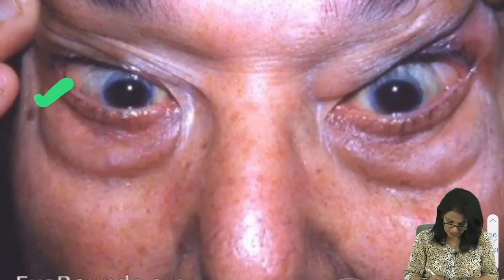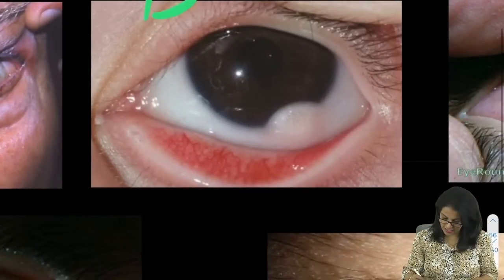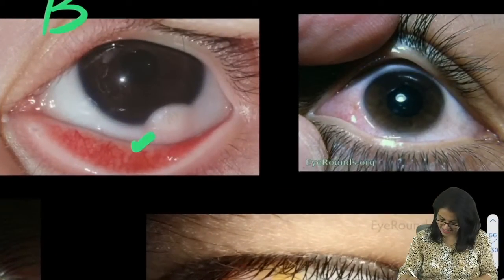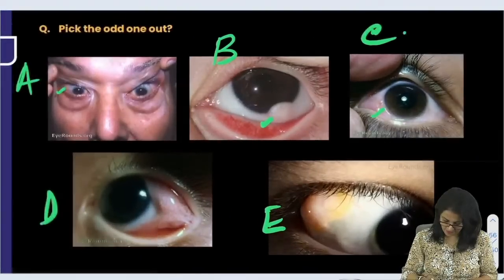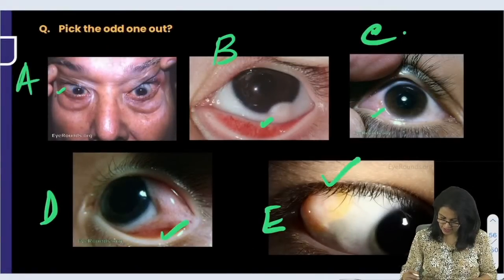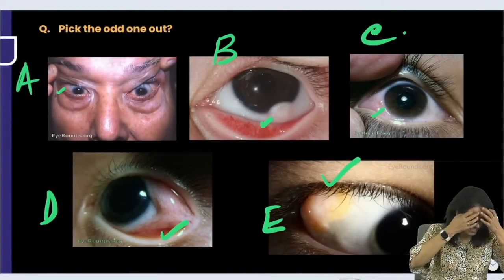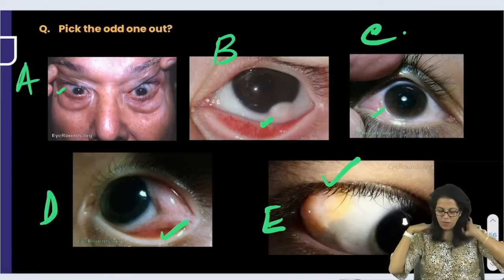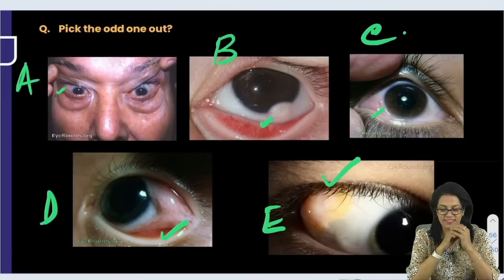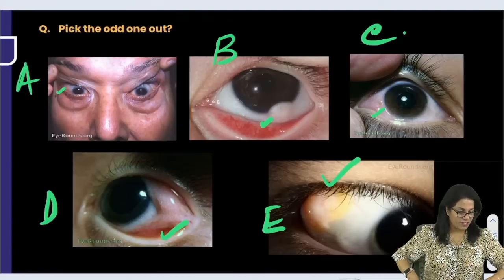Can you appreciate? This is the swelling. Okay. In this one, this is the thing. Okay. What about this one? Here is the swelling. This is very obvious, and here it is this. All of you answer me, which is the odd one? Among all these pictures, which one is the odd one? I'll wait for the answer.